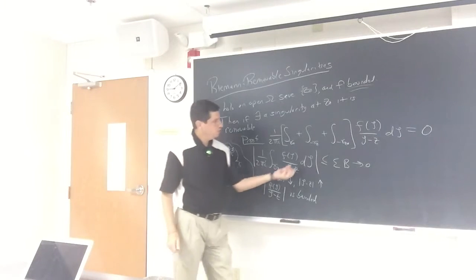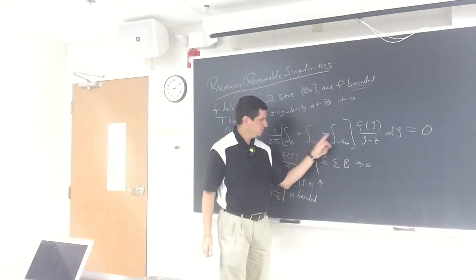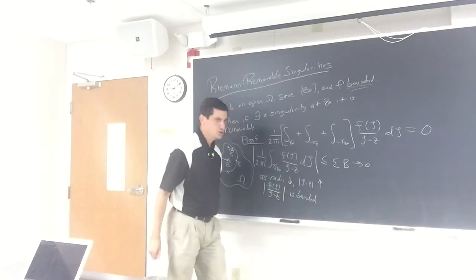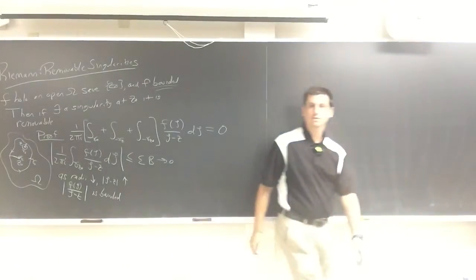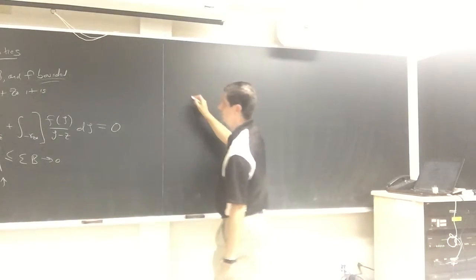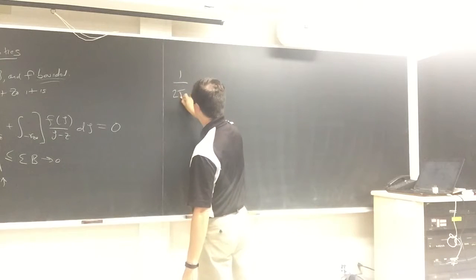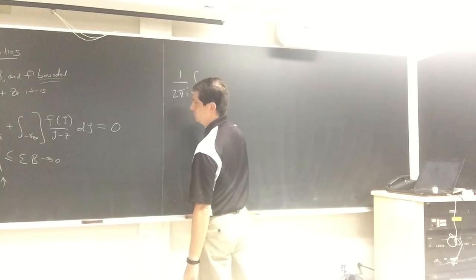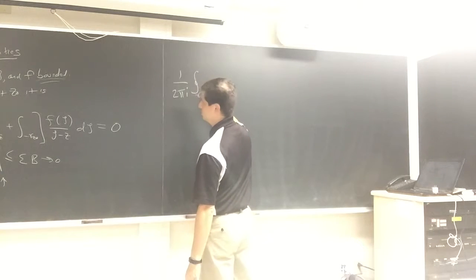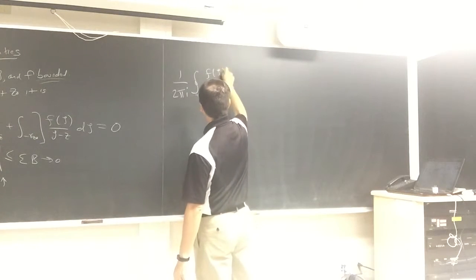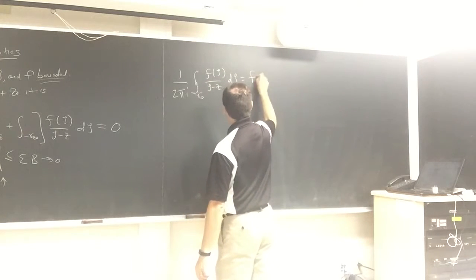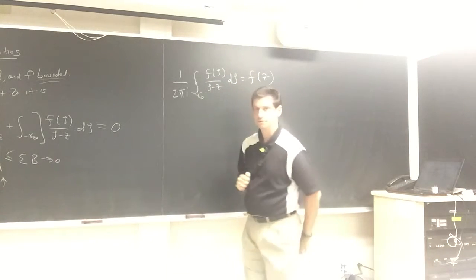Okay, so we now know this piece goes to 0, and this piece is going to go to f of z. So when we collect everything, we now get that 1 over 2 pi i, the integral over our outside curve, gamma naught, which we can call a closed integral, of f of zeta over zeta minus z d zeta is f of z.